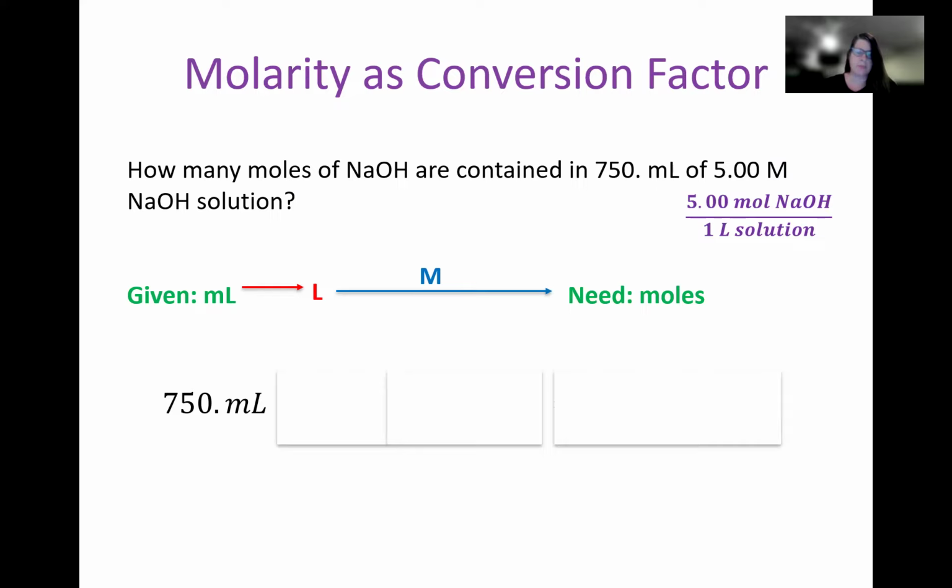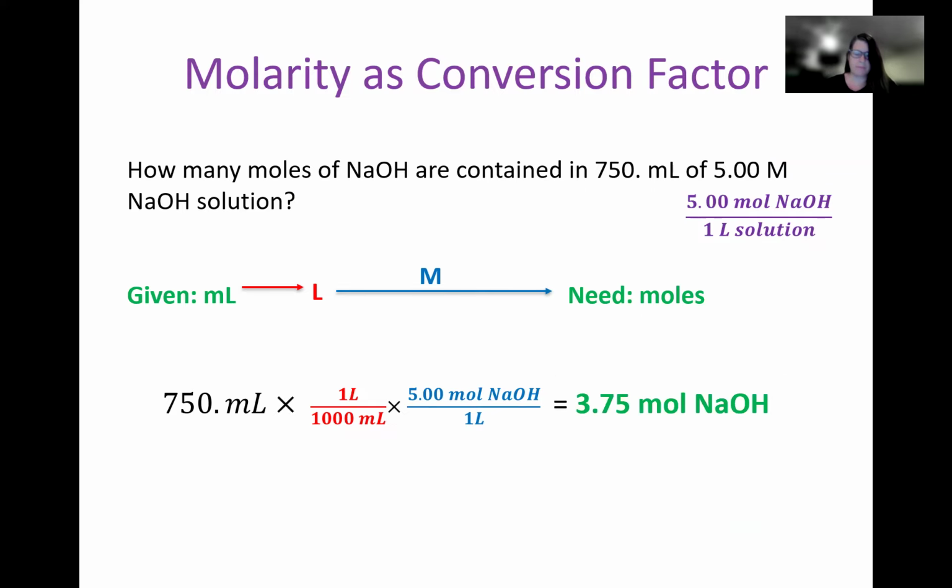Milliliters goes on the bottom so it cancels, and liters is on top. Now I have liters, and I want to go from liters to moles, and liters needs to go on the bottom and moles on top, and this is coming from the molarity. And looking at significant figures, both the 750 decimal point and 5.00 have three significant figures, so we'll round to three significant figures.